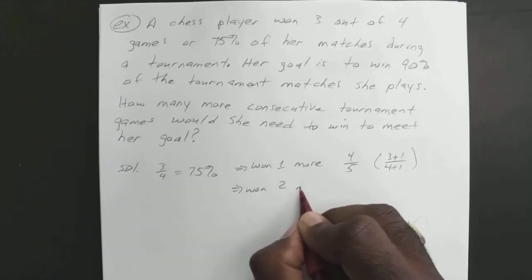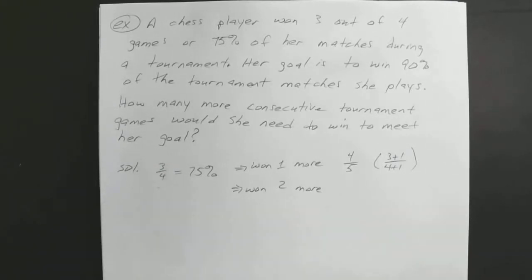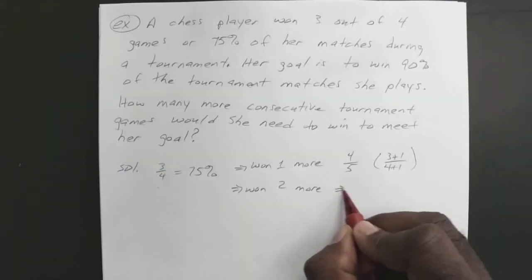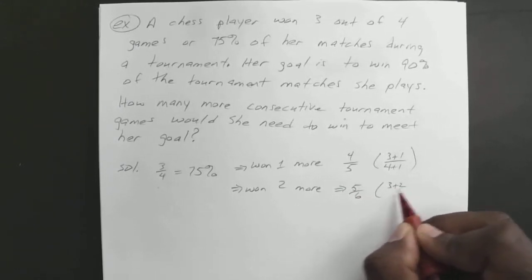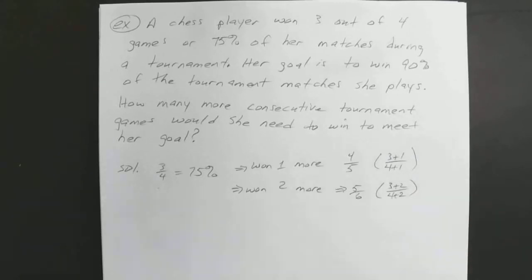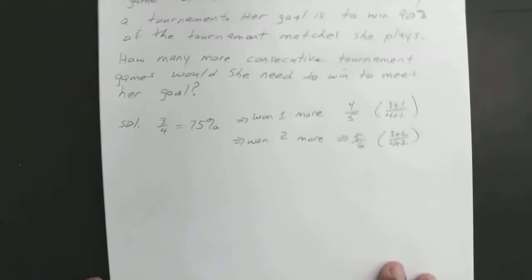Let's say if she won 2 more. Instead of 3 out of 4, she'd be 5 out of 6, or you can say 3 plus 2 over 4 plus 2. Okay. So you kind of see the pattern there.